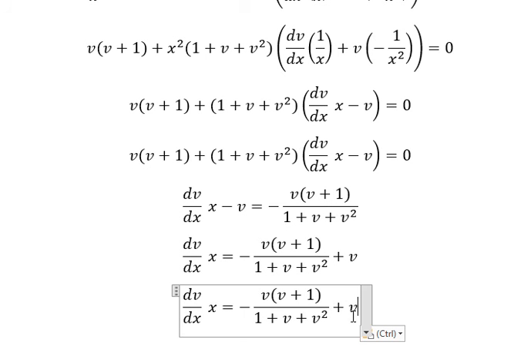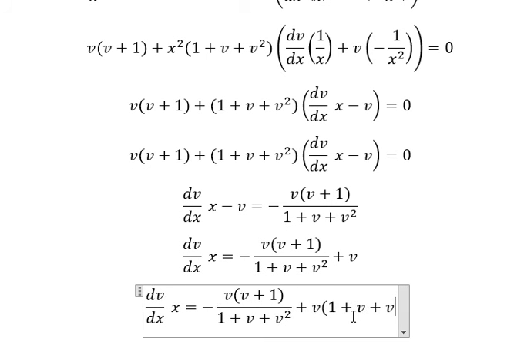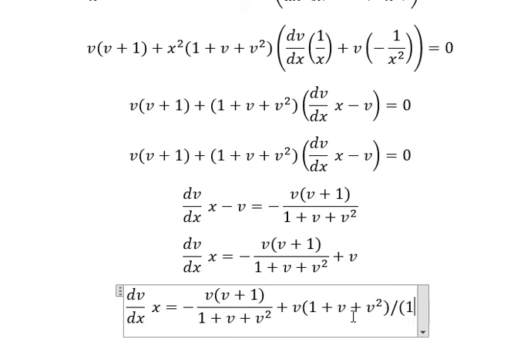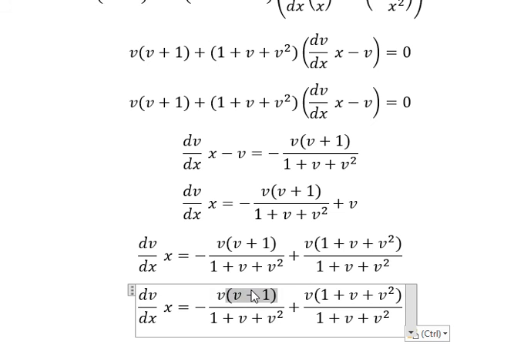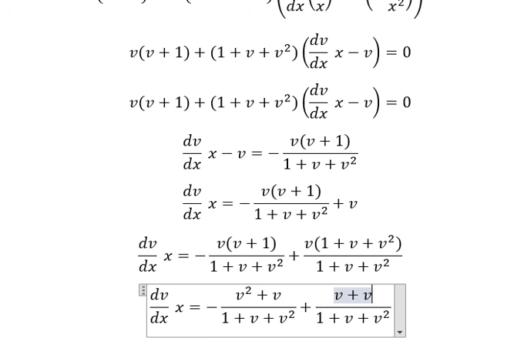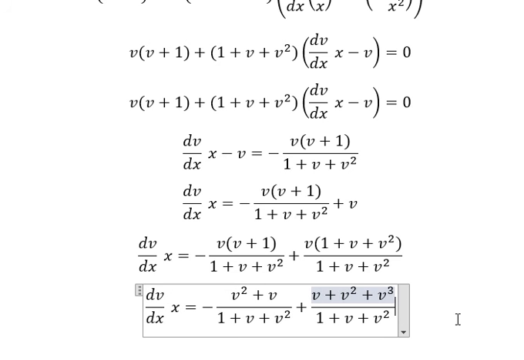Now we do common denominator. So this one we have v squared plus v. This one we have v plus v squared plus v to the power of 3.